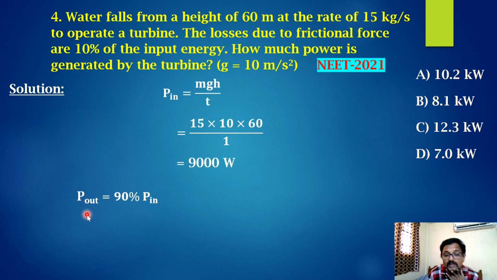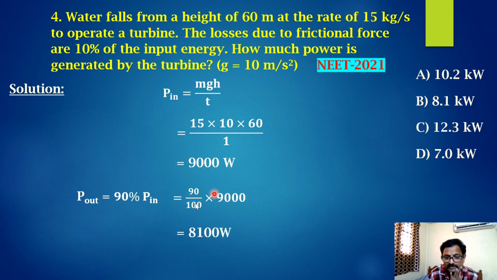Here there is a 10% energy loss in the input energy, so the output power is equal to 90% of P input. So 90% means 90 by 100 into the input power, that is 9000 watt.